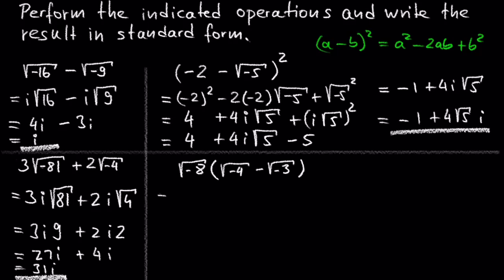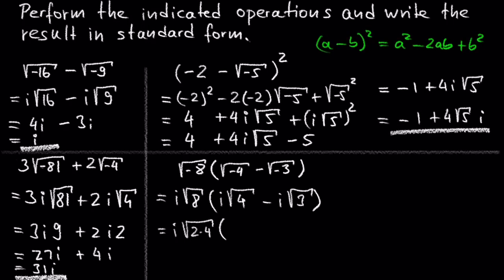Let's look at the square root of negative 8 times the square root of negative 4 minus the square root of negative 3. The square root of negative 8 is i times the square root of 8. The square root of negative 4 is i times the square root of 4. And the square root of negative 3 is i times the square root of 3. We can write the 8 as 2 times 4.